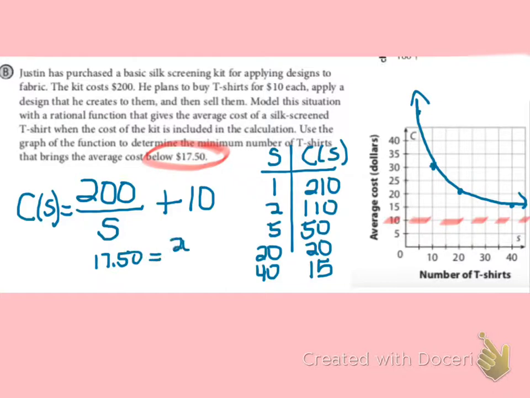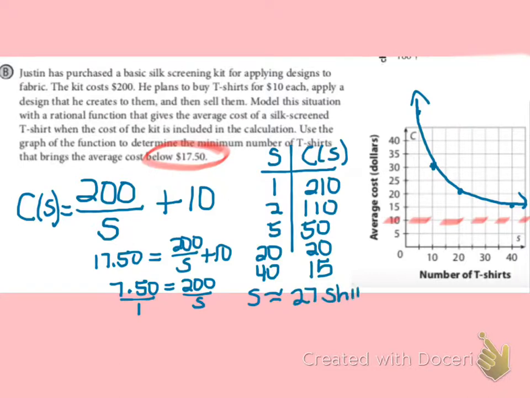So if I want to solve for S, I subtract the 10, that makes 7.50 equals 200 over S, and then you could do the cross products, which would make S equal 200 divided by 7.50, and that's about 26.67 shirts, so about 27 shirts, and that would make the per shirt cost drop below 17.50.